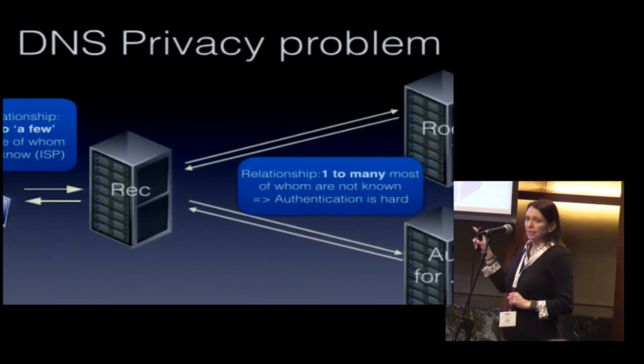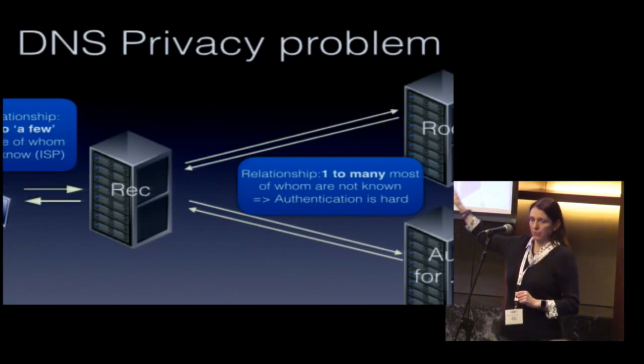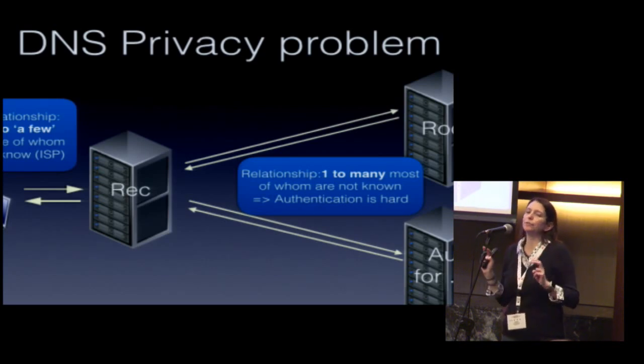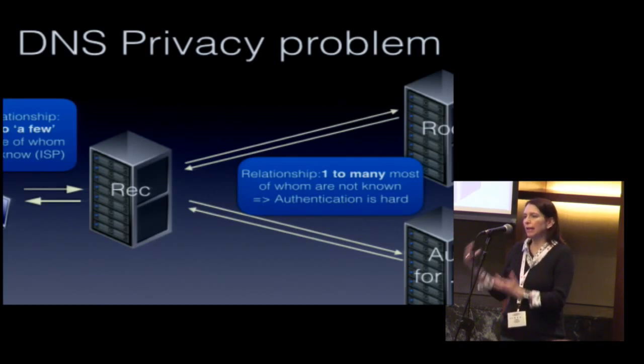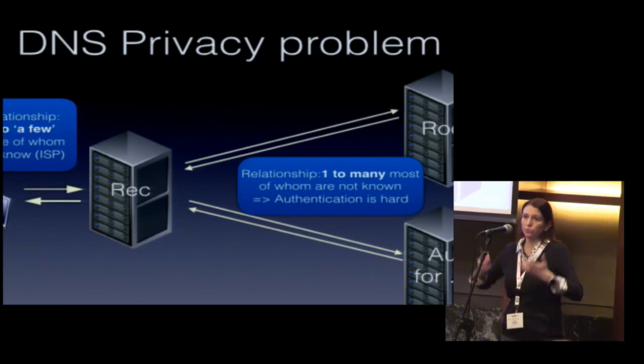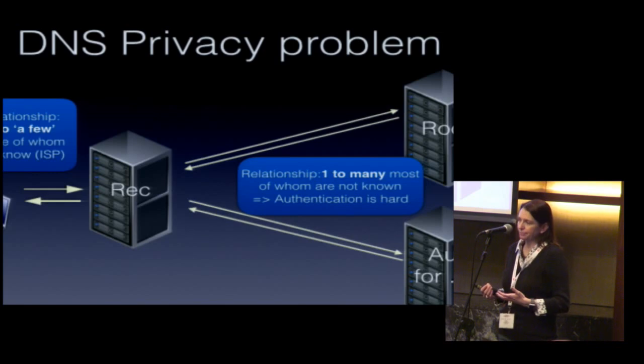And the reason is this: if you're an end user, your relationship with recursive servers is one to a few. You have the one you use at home, at work, when you're out and about. But generally, you either have a relationship with that recursive resolver, or you make a conscious choice to use it by going through a captive portal or joining a network, whatever.